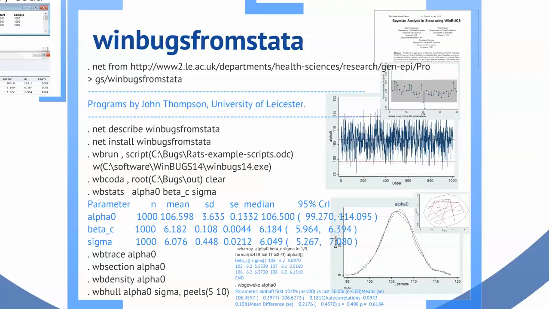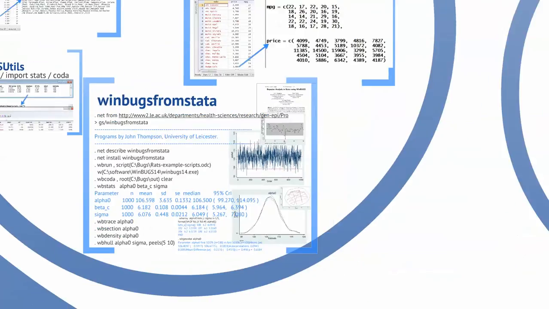Probably the most important of all would be the WinBUGS from Stata package, which can be downloaded from this website that is listed here, and from there you can run the MCMC from Stata using WinBUGS in the background, and you can generate a lot of plots and diagnostic statistics from this.